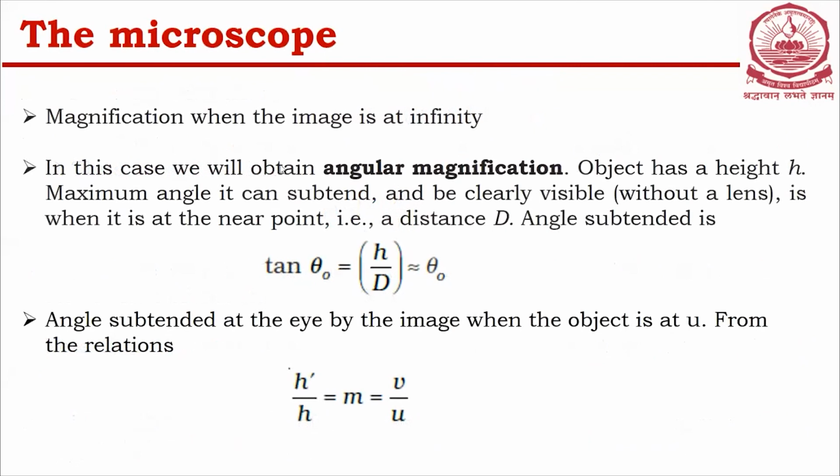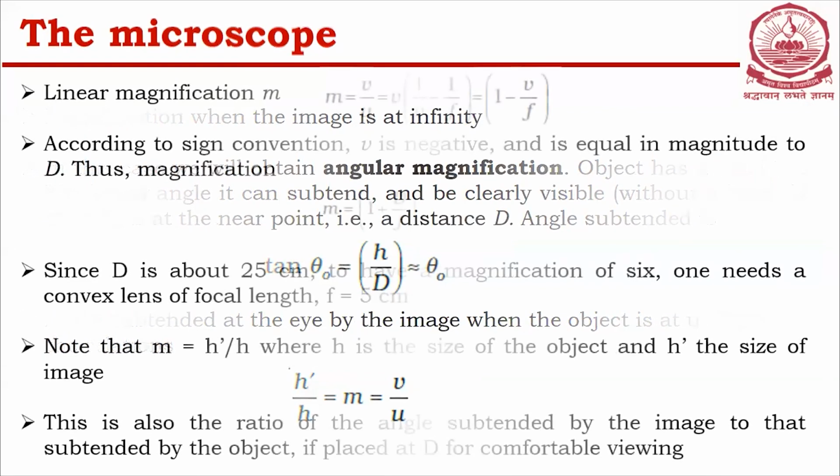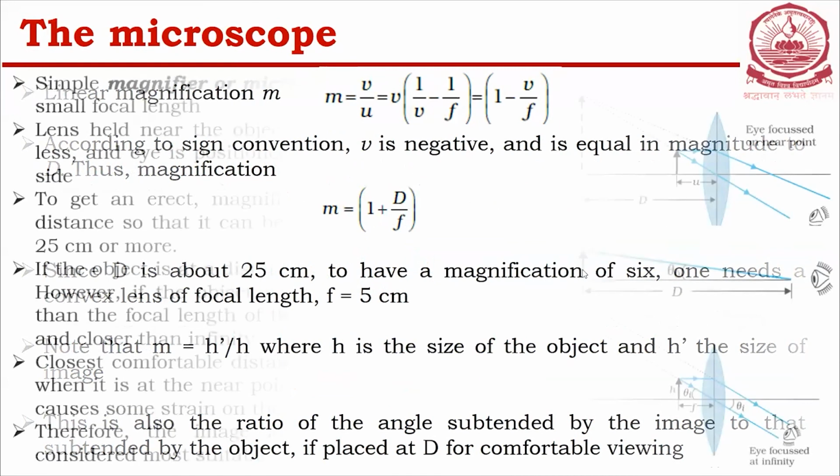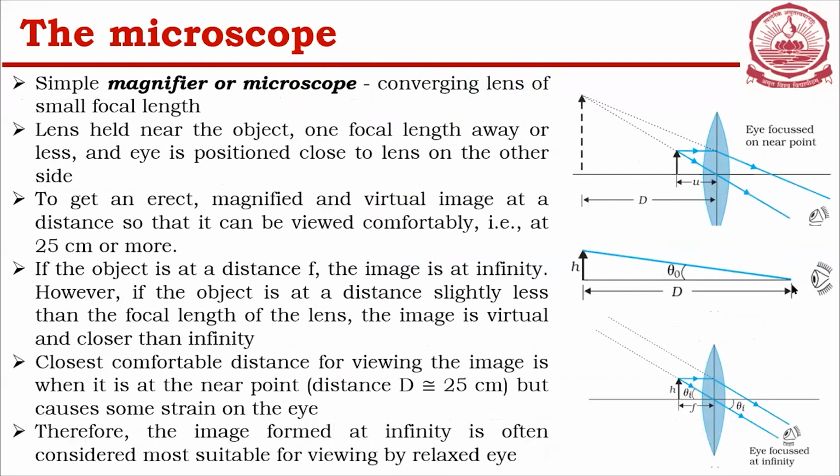Another thing with the simple magnifier is called angular magnification. I will tell you in a simple way with this diagram. The angle subtended by the object at your eye without any lens is theta naught, and the angle subtended by the object at your eye with the aid of this lens is theta I. So theta I by theta naught will give you the angular magnification.